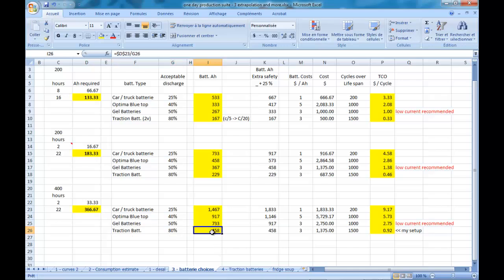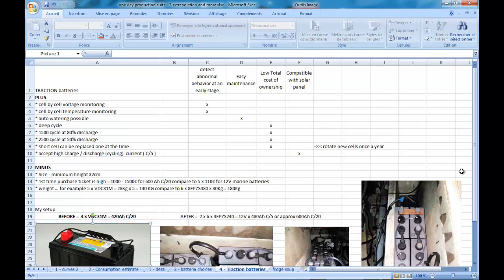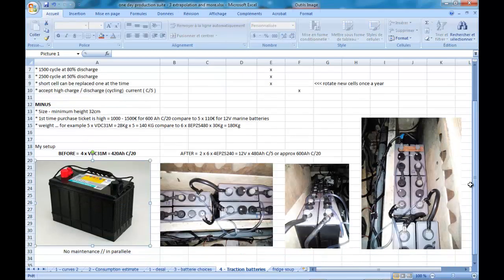So I got 12 times 240 ampere hours, which make two sets of 12 volt 240 amp hours, which make 480 ampere hours. Now if you want to know what it looks like, it's a bit unusual as a battery, and it has some pros and cons.